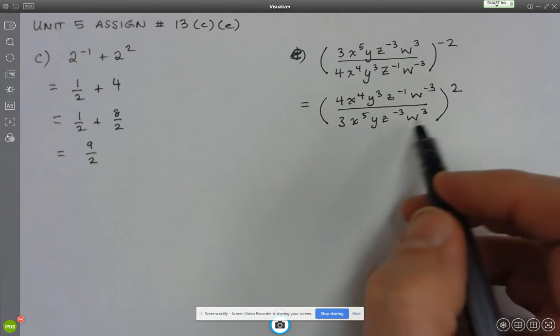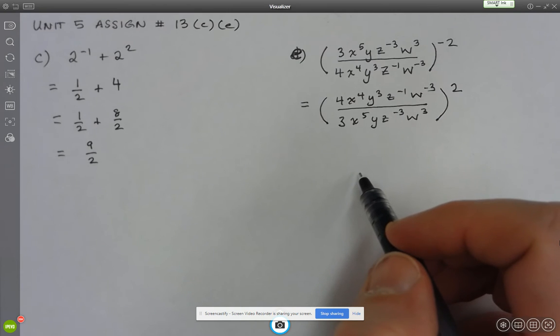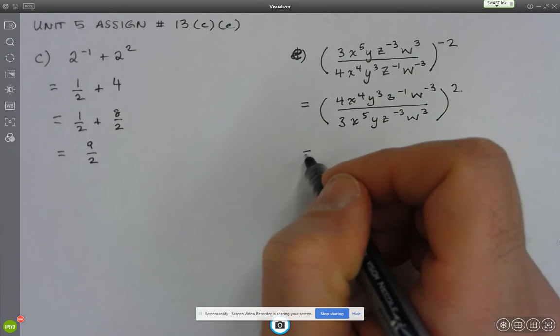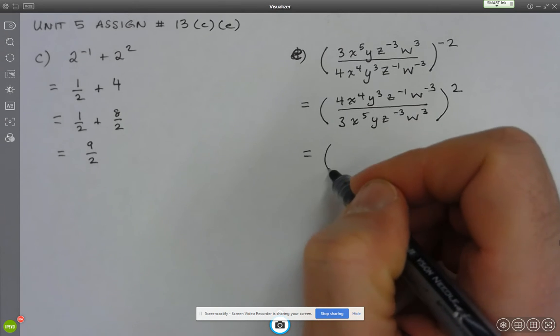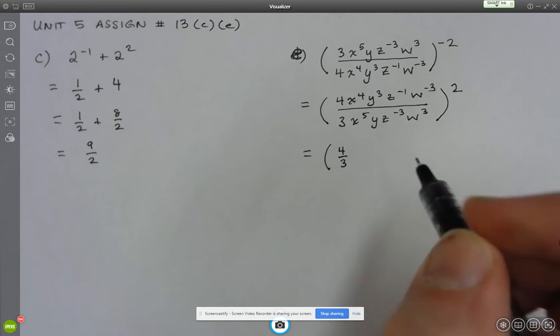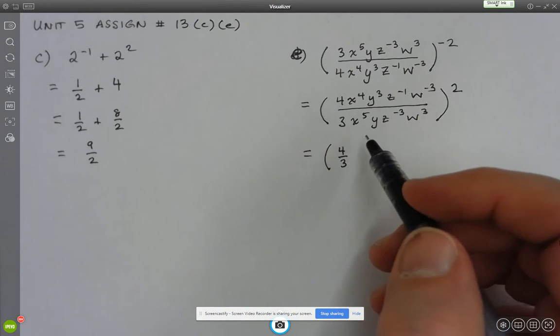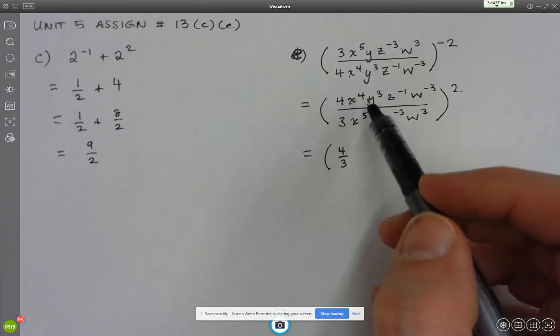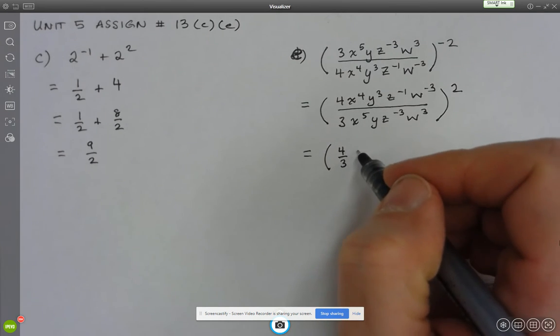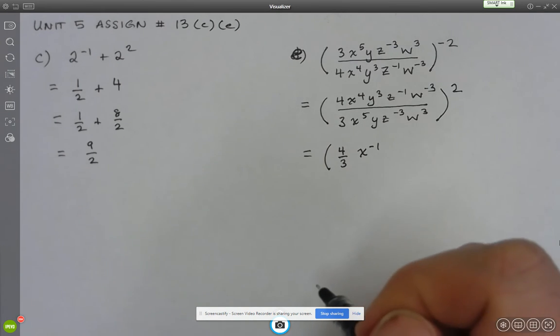Okay, now I'm going to go ahead and simplify what's inside the bracket. The 4 and the 3, there's nothing to simplify there, so that's just going to remain 4/3. Now we can apply our exponent law for divisions. Here, x to the 4th divided by x to the 5th, I subtract the exponents, so this is going to be x to the negative 1.